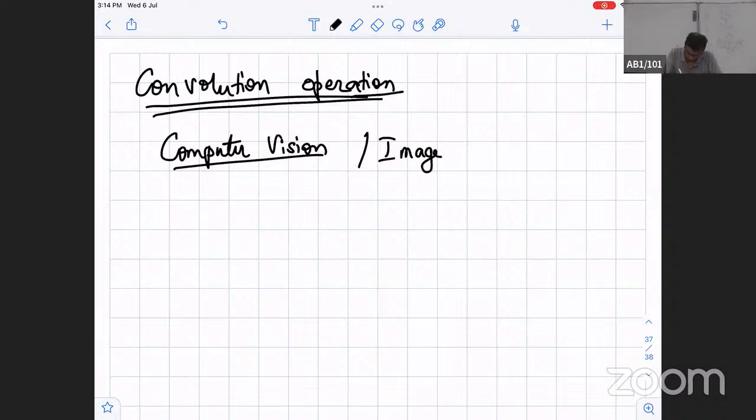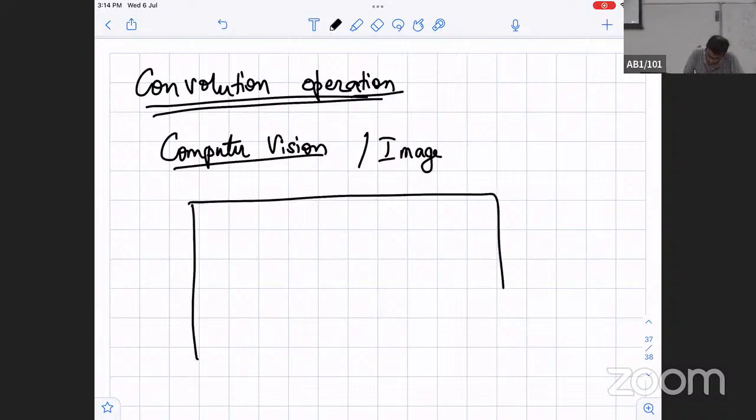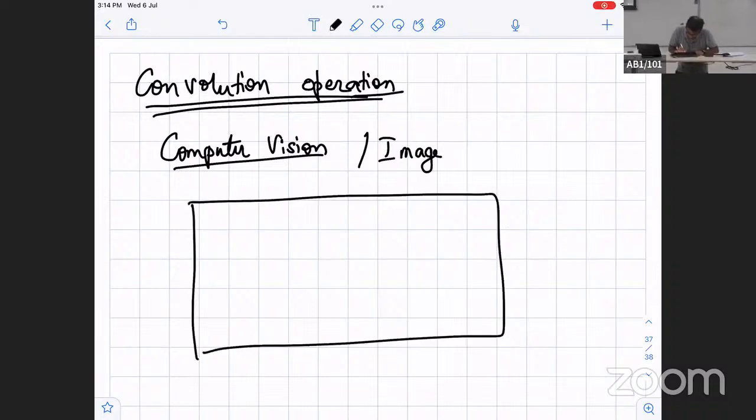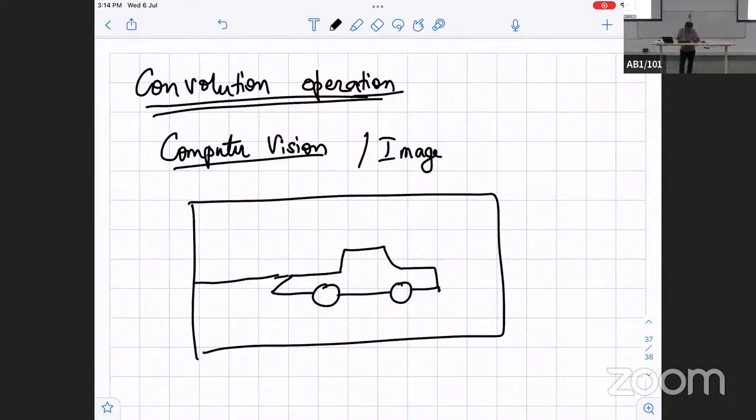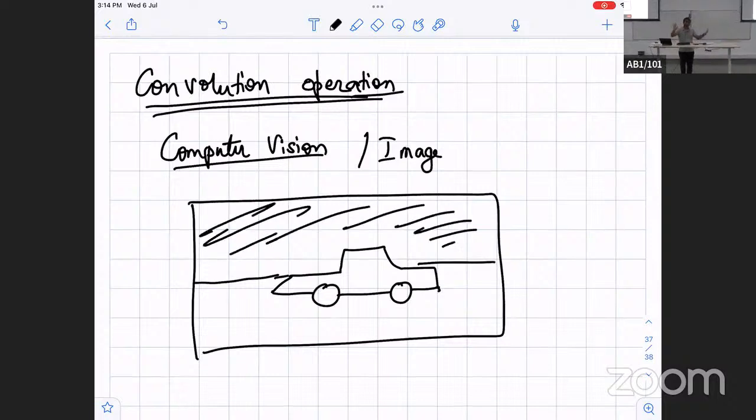Let's suppose there is an image of a car, going on a road, and there is a lot of blue background.